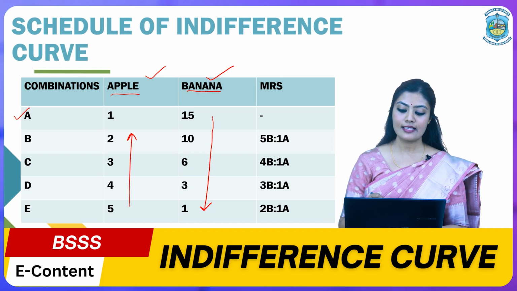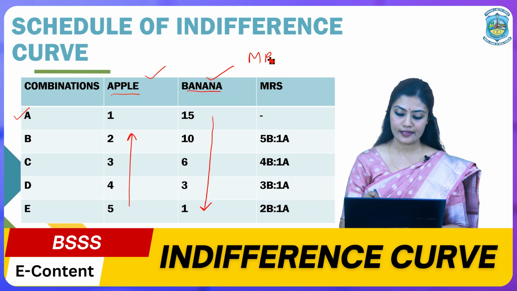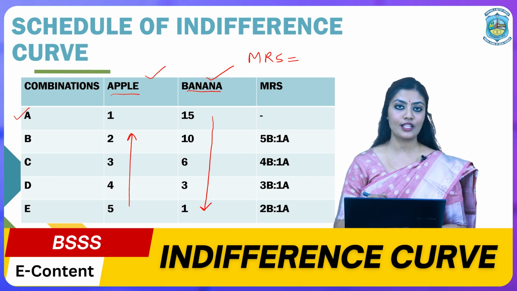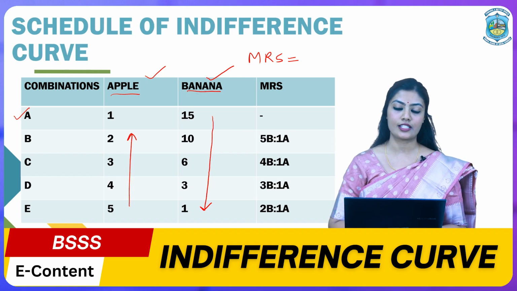To express it mathematically, we can say that MRS is the marginal rate of substitution, and it states how much a consumer is ready to sacrifice of one good so that he can get one more unit of another commodity.